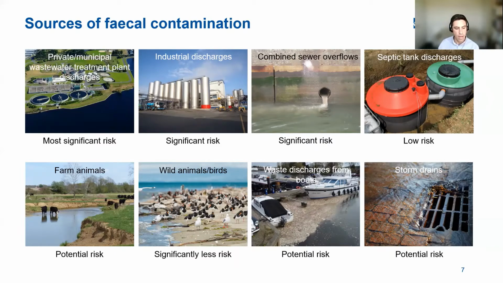Other key factors that we use to assign risk are the wastewater treatment processes that may be operating locally, and the presence of intermittent discharges, such as pump station overflows or combined sewer overflows.